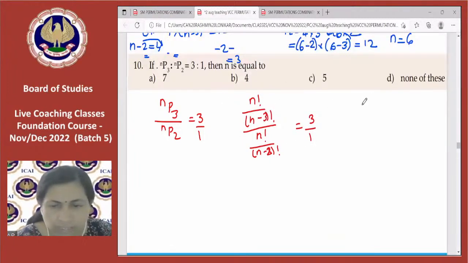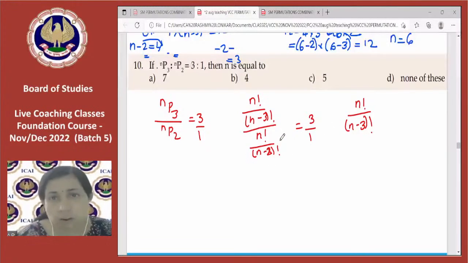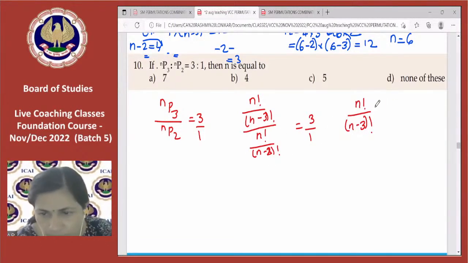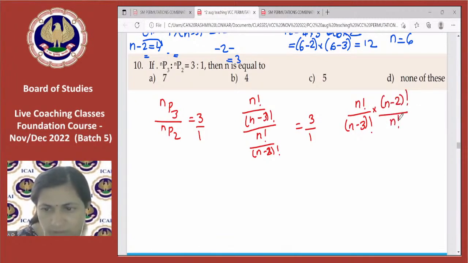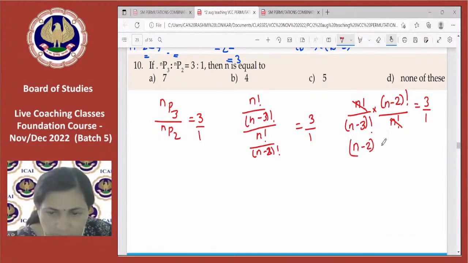The denominator fraction gets flipped, so this is n factorial upon n minus 3 factorial times n minus 2 factorial upon n factorial. The n factorial gets cancelled. n minus 2 factorial can be written as n minus 2 into n minus 3 factorial, upon n minus 3 factorial, which gets cancelled.